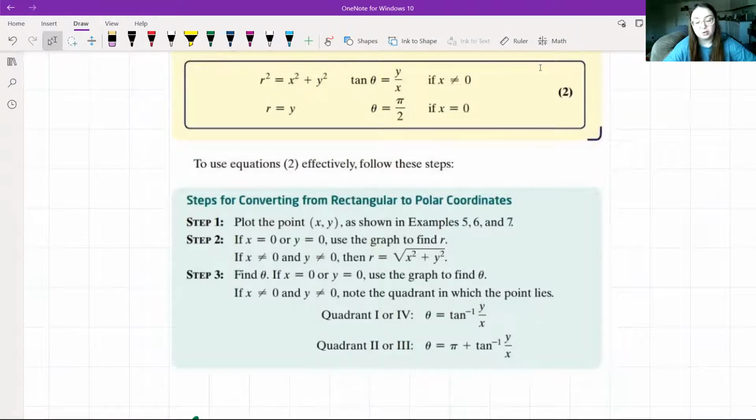Then if it's in quadrant 2 or 3, where x is negative and y is positive or negative, we get that theta is equal to pi plus tangent inverse of y over x. So essentially we always want theta to end up being positive, or to have x values that are positive.